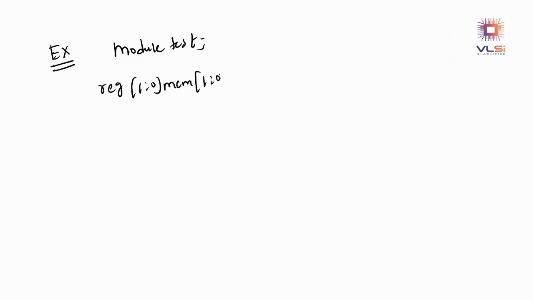Suppose you see an example, module test, reg [1:0] mem [1:0]. Initial begin, mem[0] equal to, so total how many bits are there?